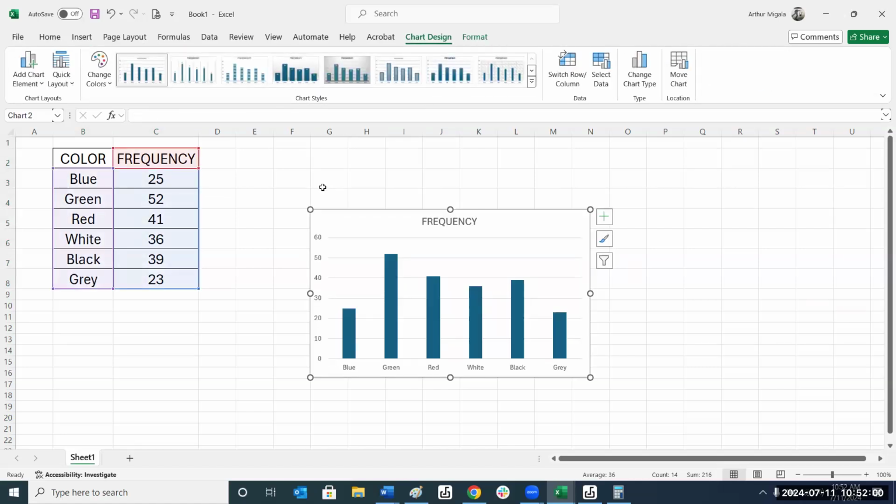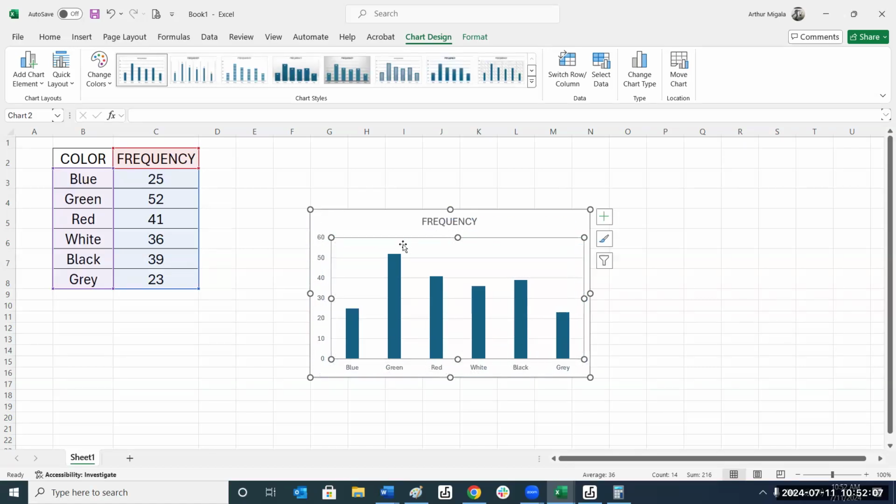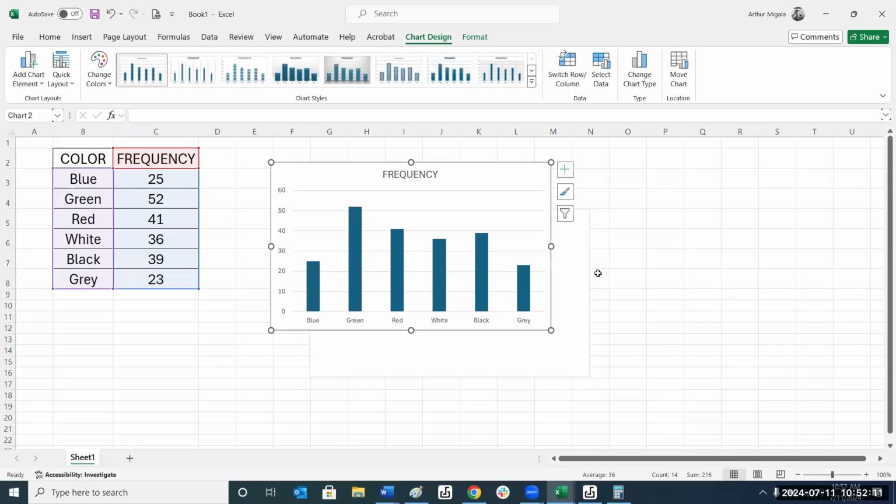What kind is that? Is that a histogram? It's a bar chart because notice they're not touching.